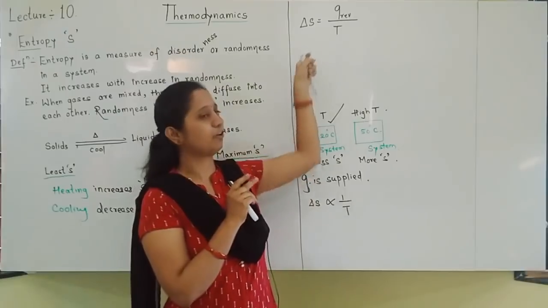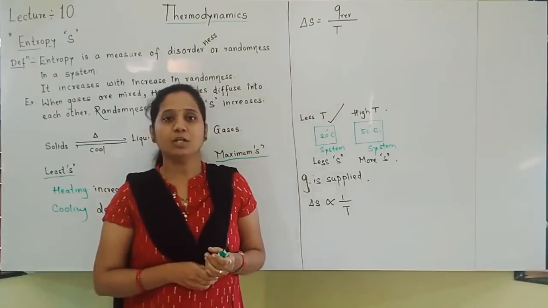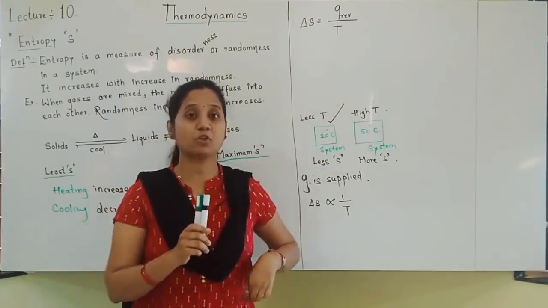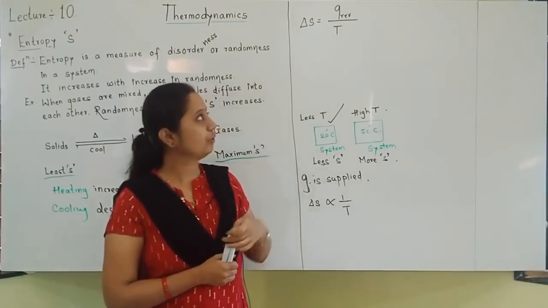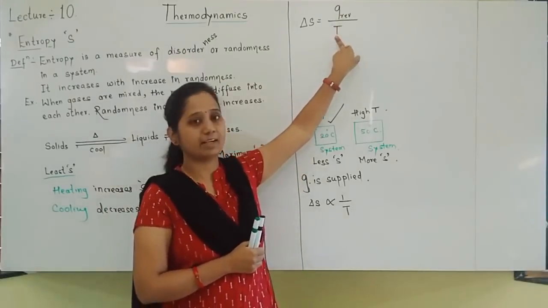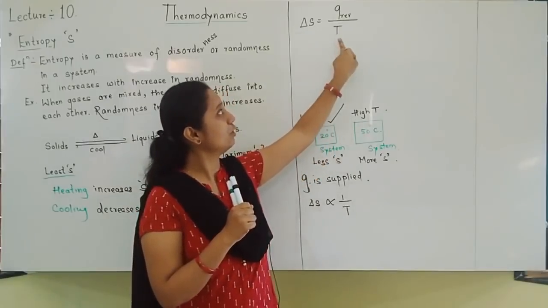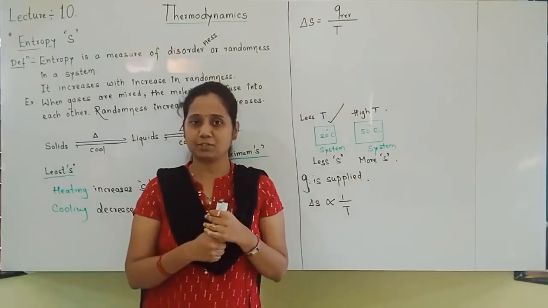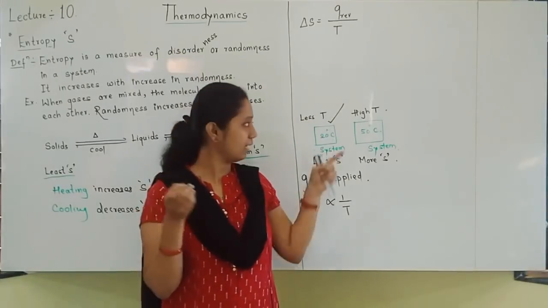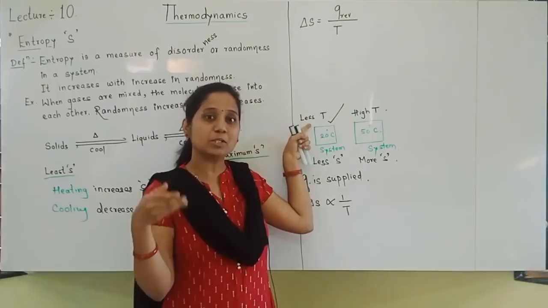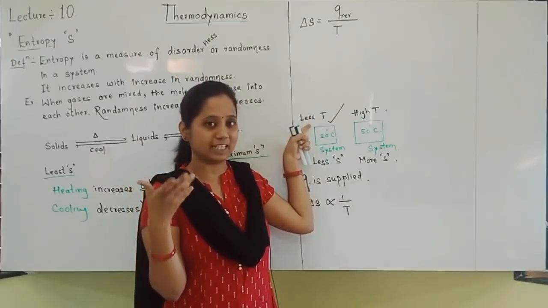What is there now in the formula? Delta S is equal to Q, that is heat absorbed by the system during the reversible process, divided by temperature. Divided by temperature means change in entropy is always inversely proportional to temperature. The more the system is at less temperature, the more entropy change we can expect.